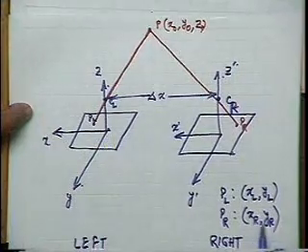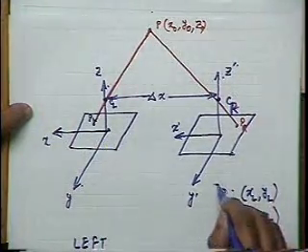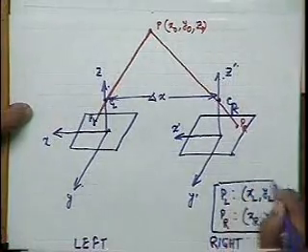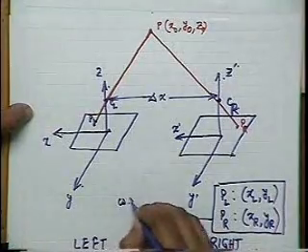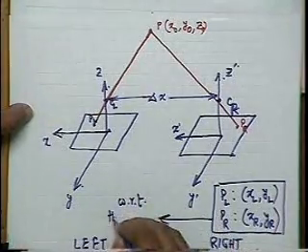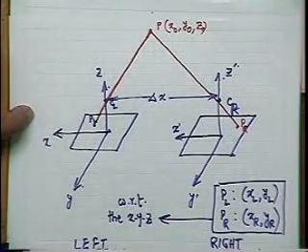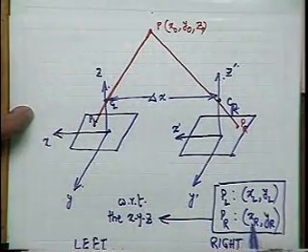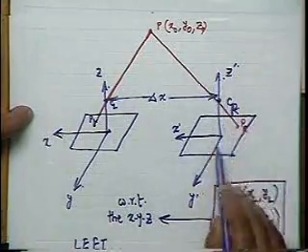So XR, YR as well as XL, YL are both defined with respect to the XYZ axis. Please don't misunderstand that XR, YR is defined with respect to x prime, y prime, z prime.